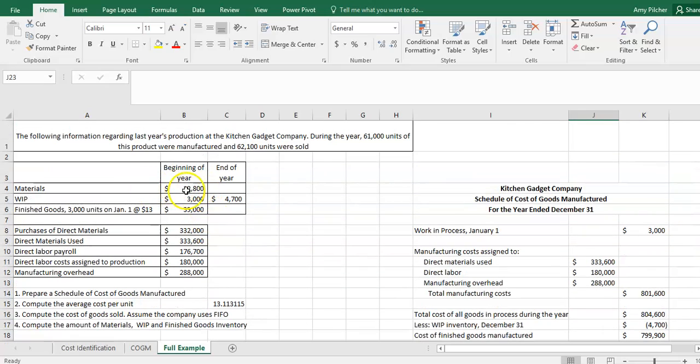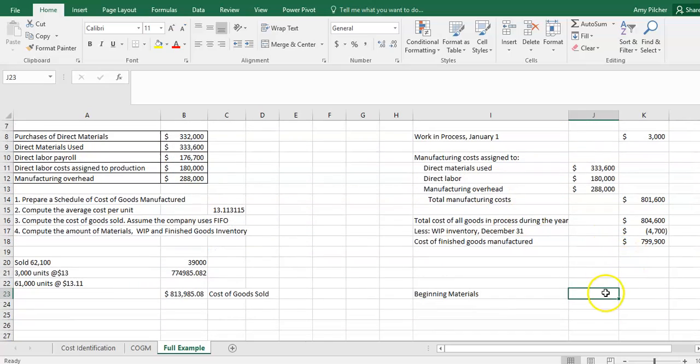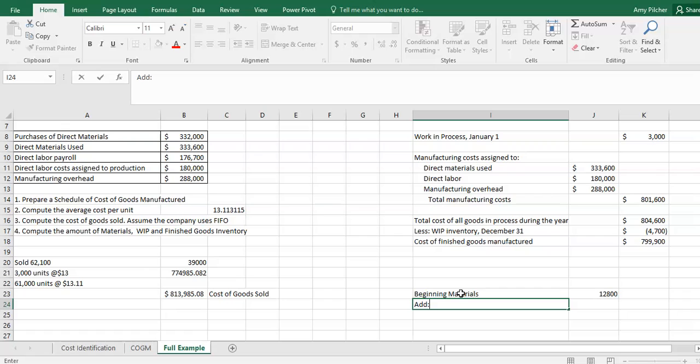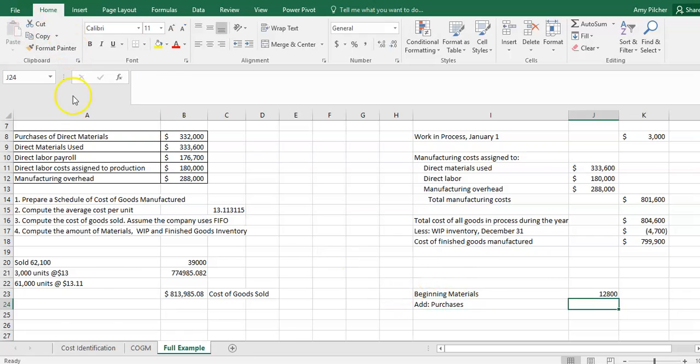Our beginning materials at the beginning of the year were $12,800. We add purchases. So we have here that we purchased in direct materials $332,000.